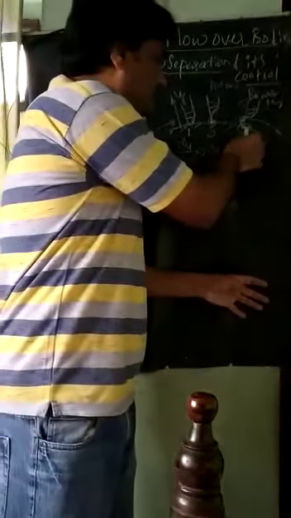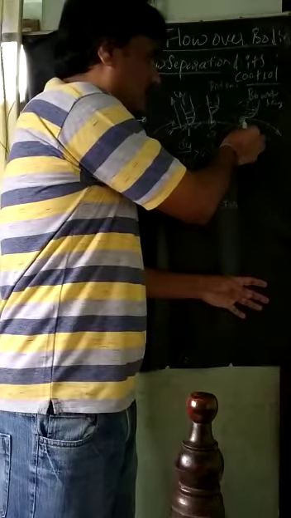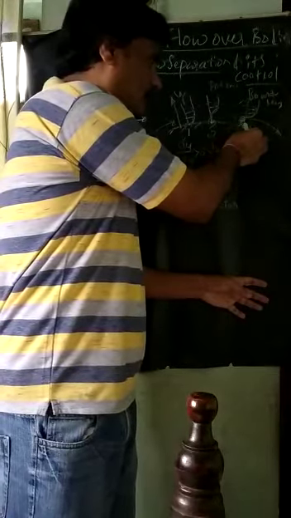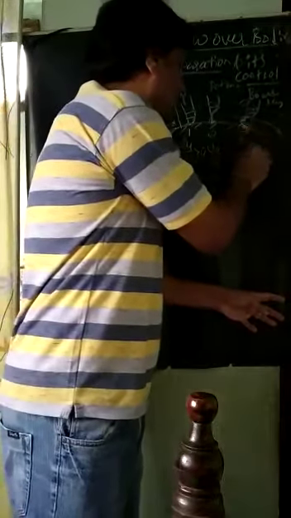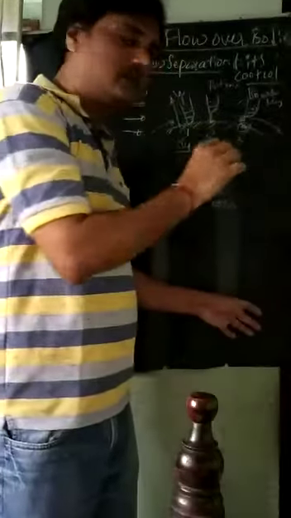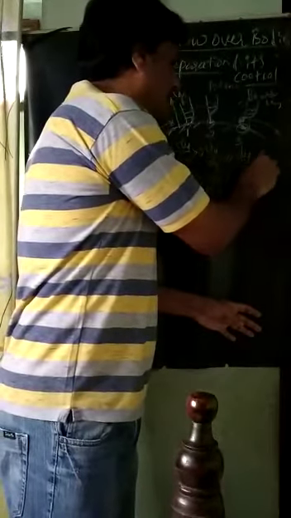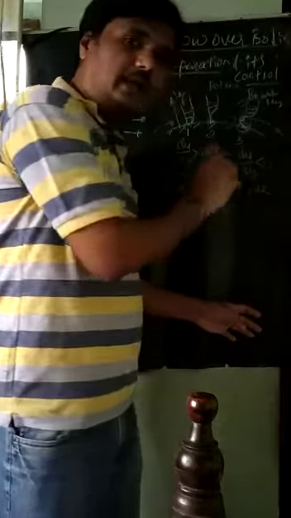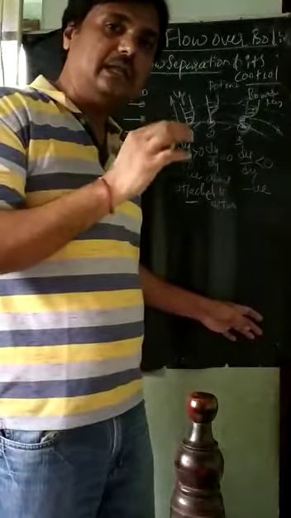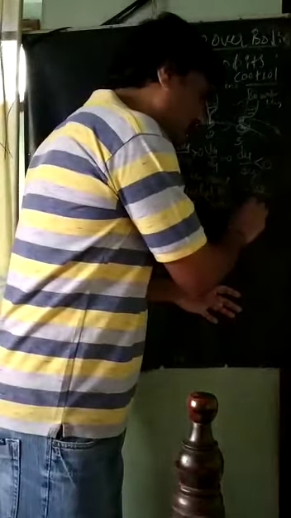Because of the adverse pressure gradient, the fluid particles are moving in the opposite direction of the flow here. So mathematically we can tell the velocity gradient du divided by dy is less than 0, means it is negative, and it indicates the flow is detached.